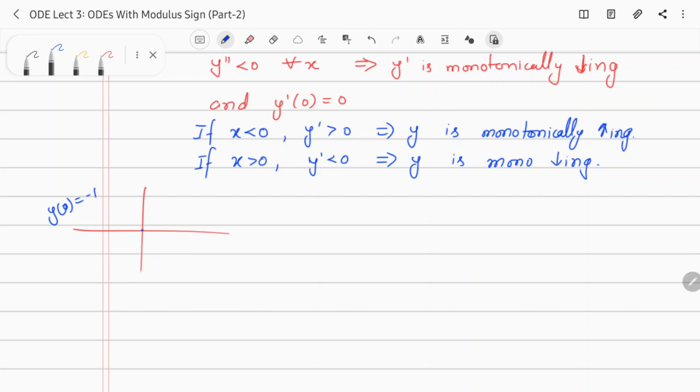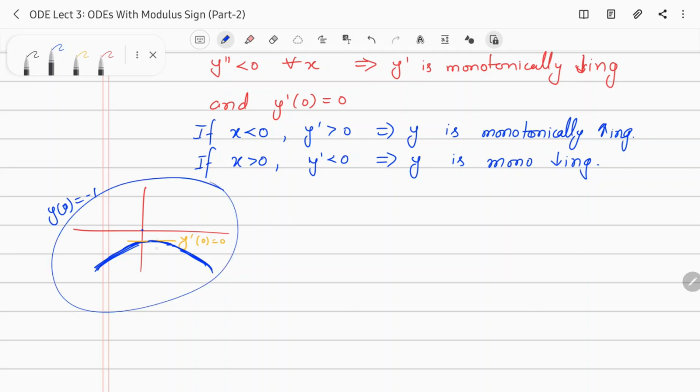So y will pass through this point, and this will be the slope, y'(0) = 0, and y will look like this graph, right? So y is monotonically increasing in the negative part and monotonically decreasing in the positive part.